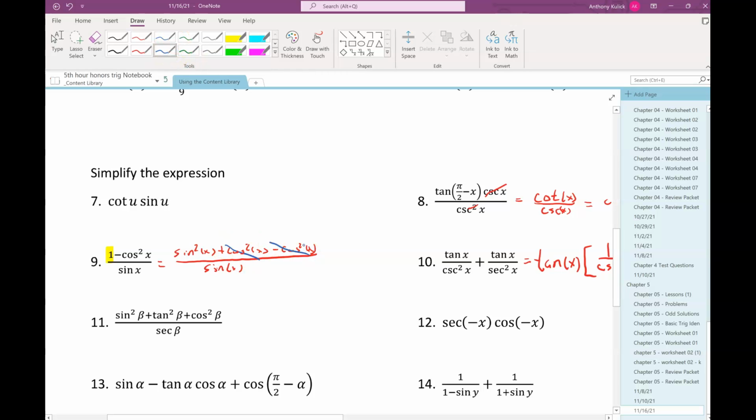So I have a plus cosine squared and a minus cosine squared. Those will just cancel each other out. That just leaves me with sine squared over sine, which I can reduce to just sine x.